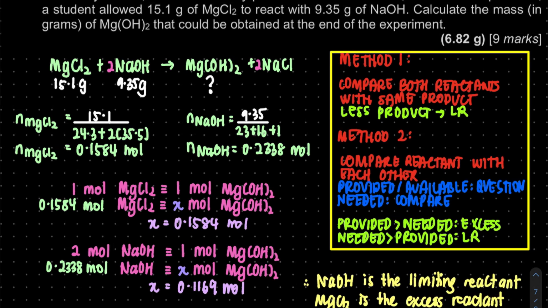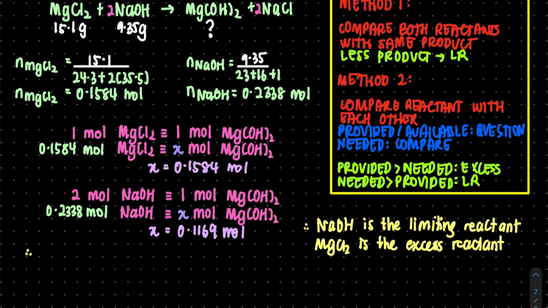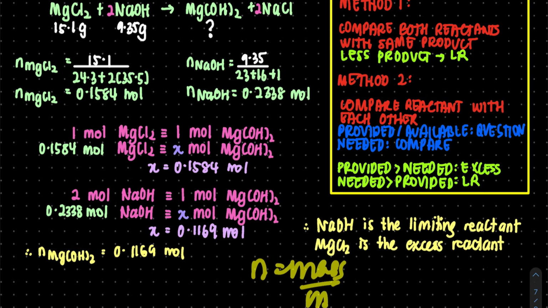Actually, the question says here, calculate the mass of our magnesium hydroxide. We know that the number of mole of Mg(OH)2 produced is 0.1169 mole. How to find the mass? Again, number of mole is equal to mass divided by molar mass.